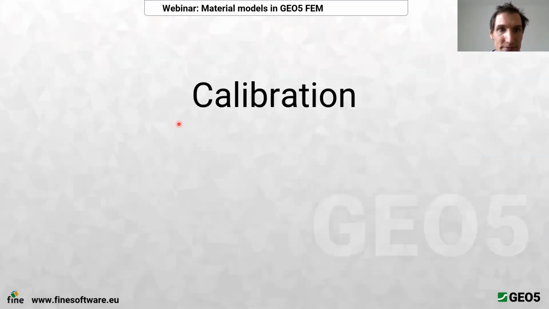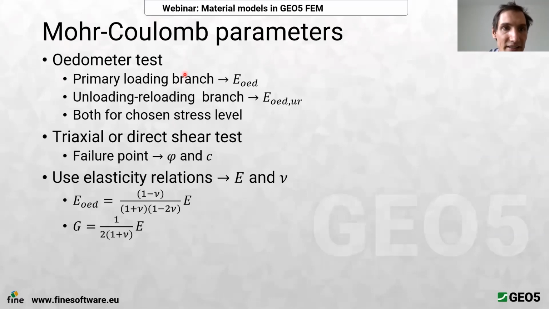So, finally, the last thing that I would like to cover is how the calibration works. For Mohr-Coulomb it is quite standard. You perform an oedometric test. You get the oedometric modulus and the oedometric modulus for unloading-reloading. Of course, you should select some reasonable stress level for which to express these two. It depends on your application.